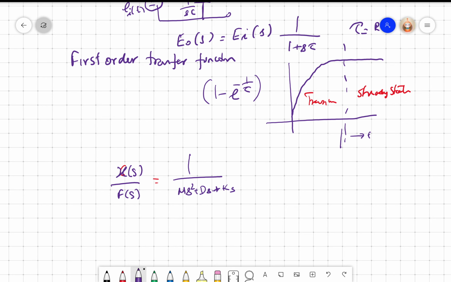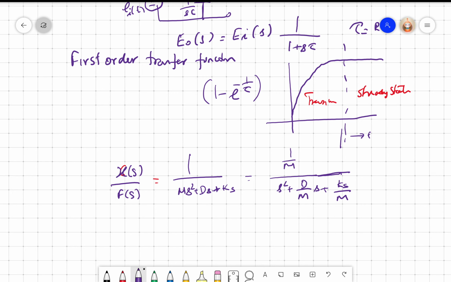Now what I do is I divide both numerator and denominator by m, so this is 1 by m, right? And I am going to get s square plus d by m into s plus k by m, right?